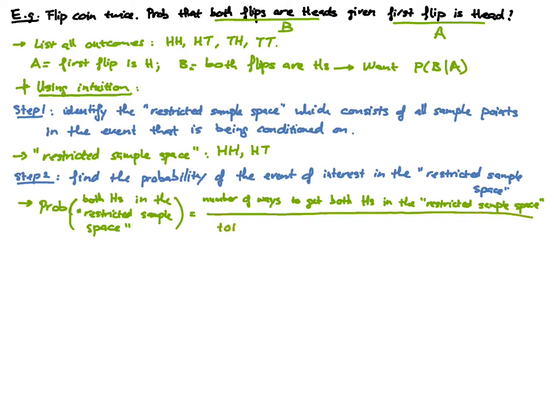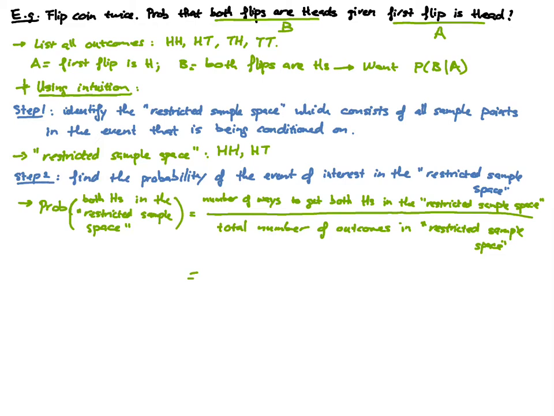So what is our numerator? The numerator is the number of ways we can get both heads in the restricted sample space. In the restricted sample space, we have two outcomes, head-head and head-tail.